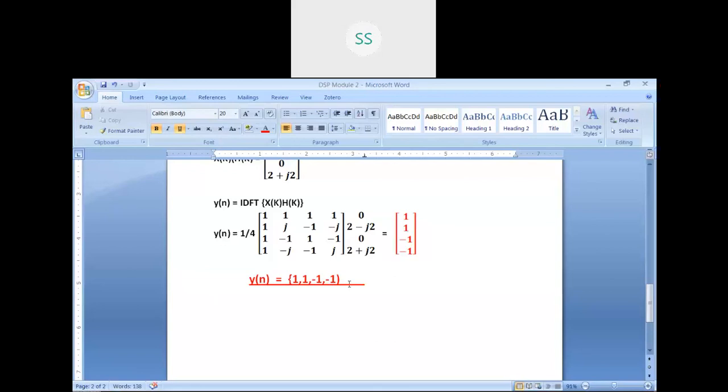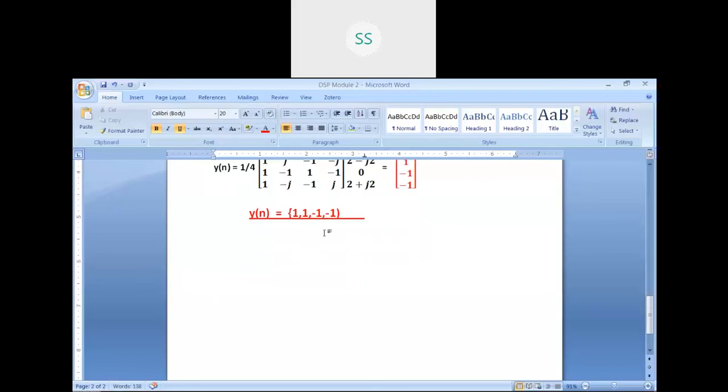So what verification can you do here? For example, I want to verify the result by our normal linear convolution operation. In that case, what do you have to do? Do you remember at least how you performed linear convolution?